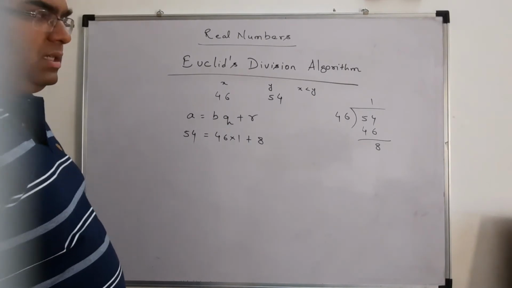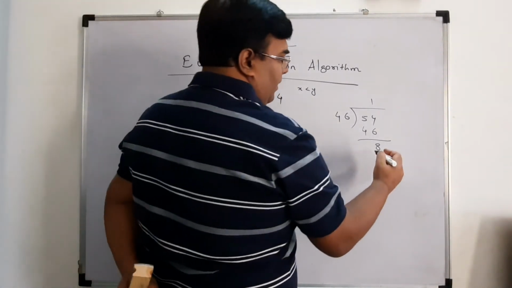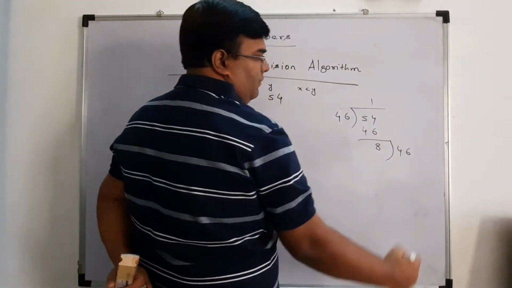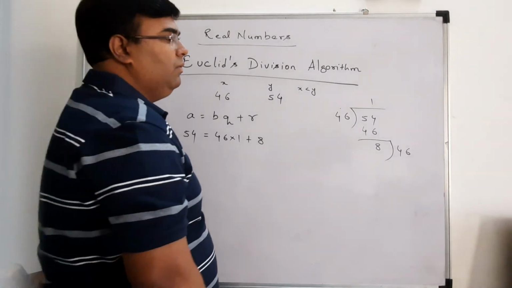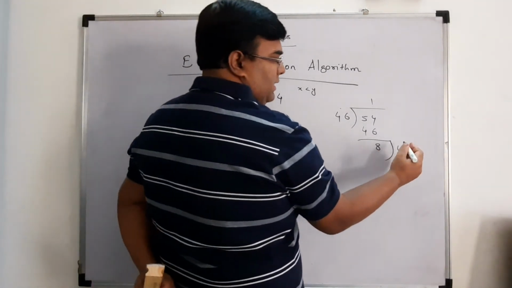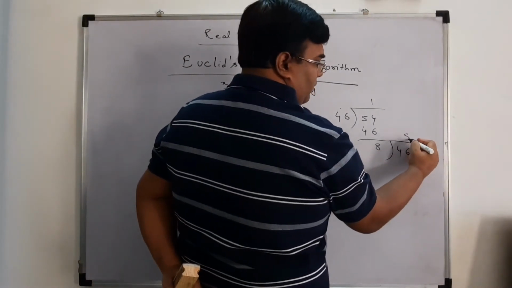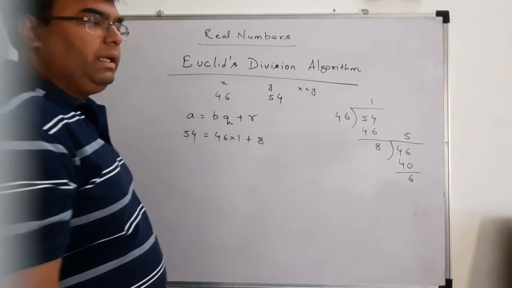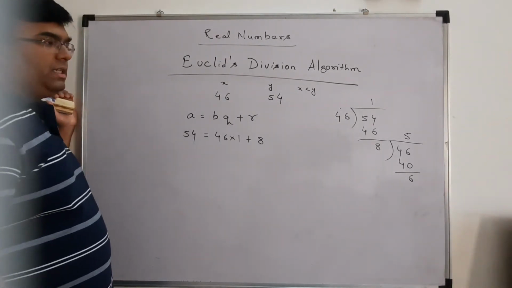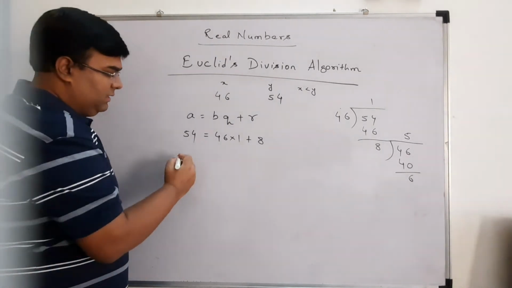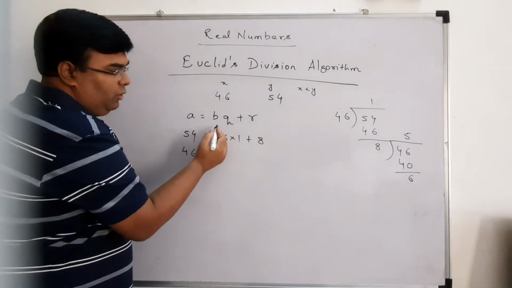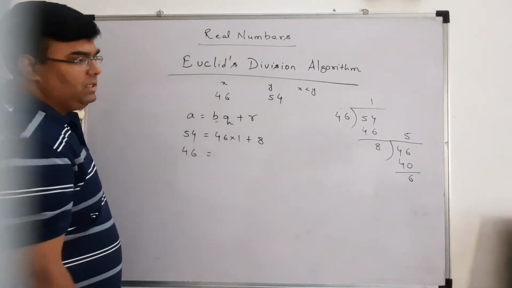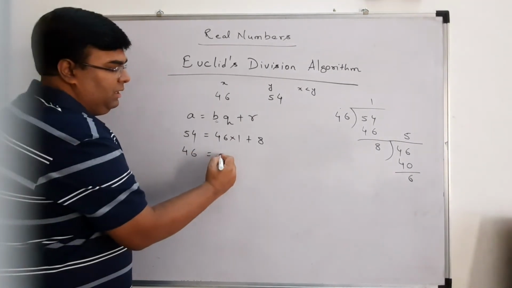Okay. Next, what we do? We take this 46 inside, right? And now our divisor will be 8. Correct? So my next step was what? My number was 46. See, whatever your b is here, it will come as a. 46, and then my b is 8.